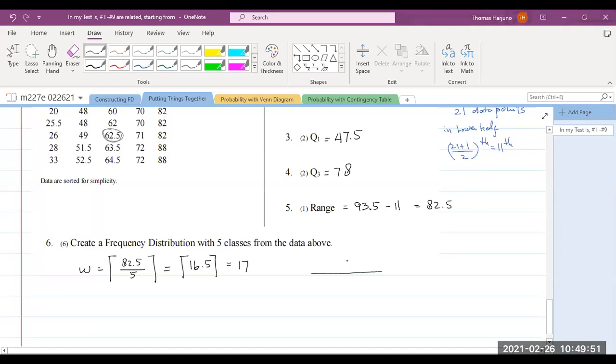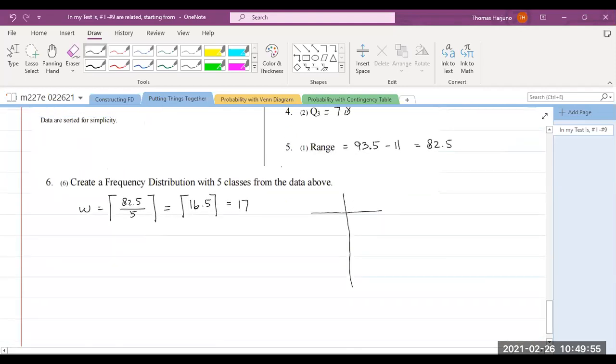Okay, therefore, the scores will be, the minimum is 11 plus 17 is 28 plus 17 will be 45 plus 17, that's 62.